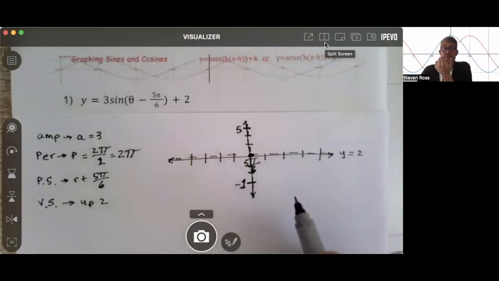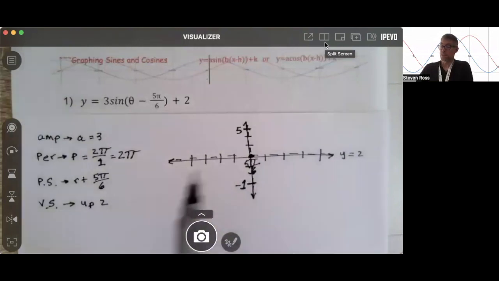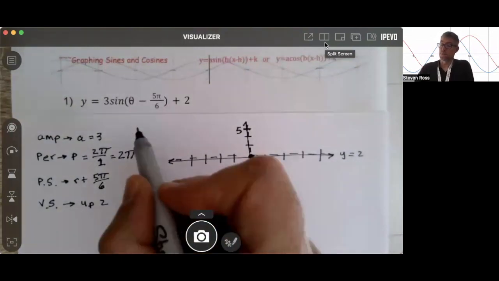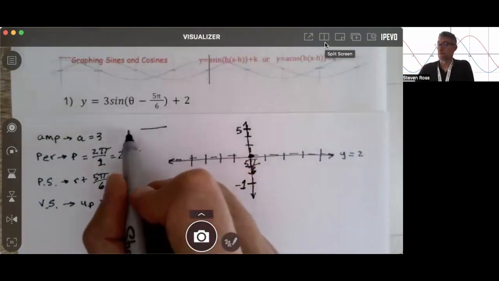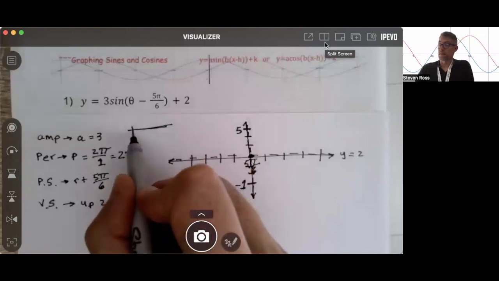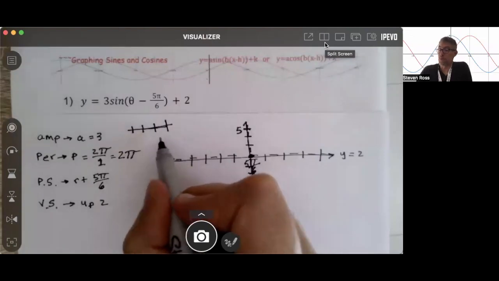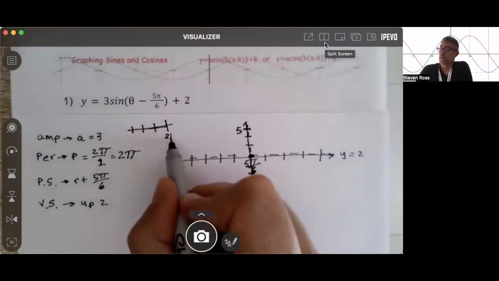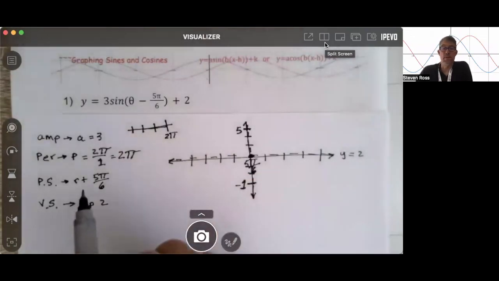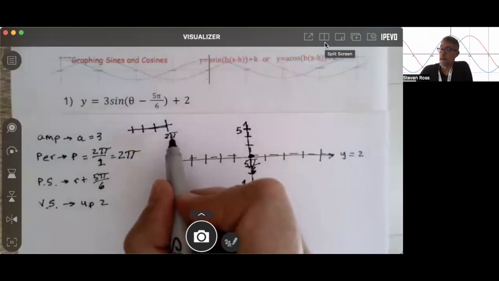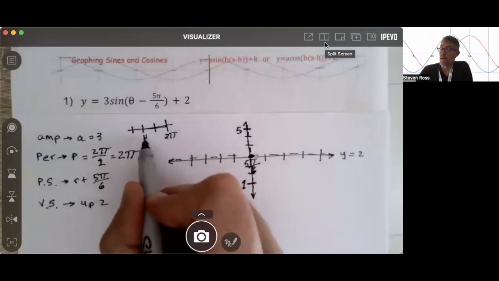If there's no change at all, then if I go to my period and think about it like this, 2, 3, and 4. I always go 4 hash marks to get to the full period. So I know that the period is 2 pi. Half of 2 pi is 1 pi.